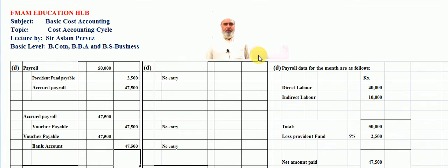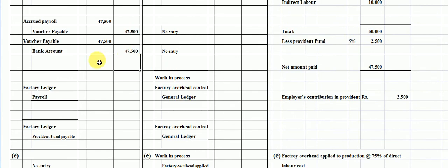The payment has been made to all the employees working in the factory, like direct labor cost and indirect labor cost. Students, these are the entries which belong to the book of head office.